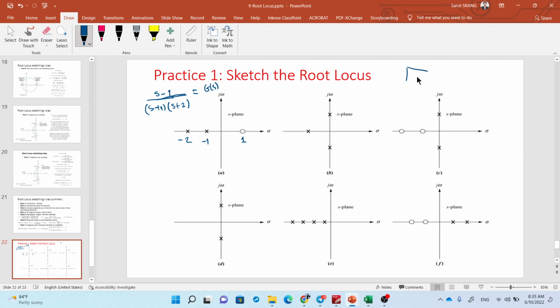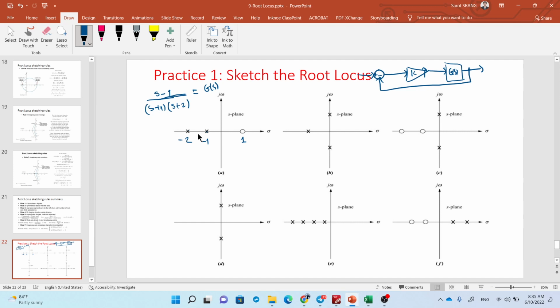Then we design the controller using the gain K. Just recall the purpose: when K increases, the poles of the closed-loop transfer function must change according to the value of K.